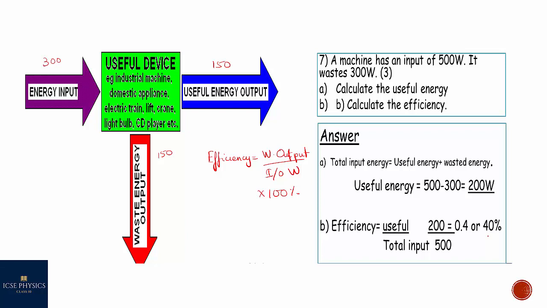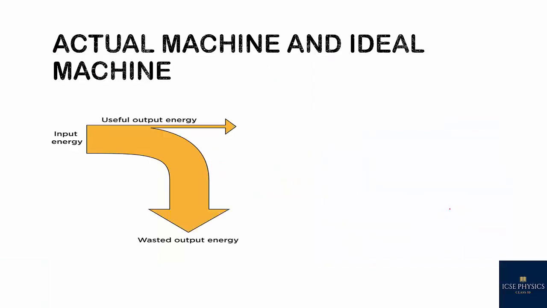We get 40%. Efficiency has a symbol, that is eta. And what will be its unit? It doesn't have a unit. Why? Because output energy and input energy get cancelled. So it's a percentage.